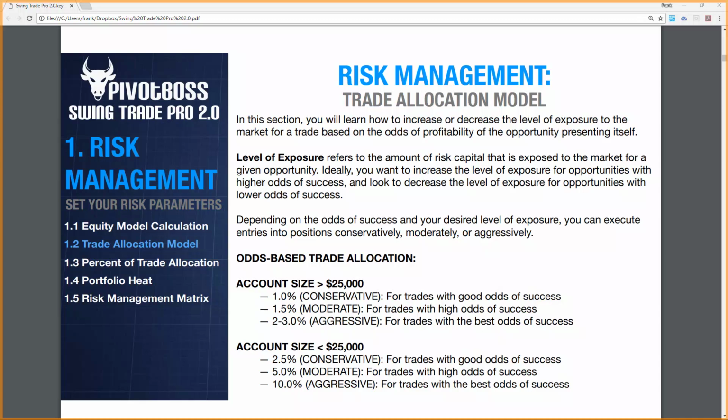So in this section you will learn how to increase or decrease the level of exposure to the market for a trade based on the odds of profitability for the opportunity presenting itself. Level of exposure refers to the amount of risk capital that is exposed to the market for a given opportunity. Ideally, you'll want to increase the level of exposure for opportunities with higher odds of success and look to decrease the level of exposure for opportunities with lower odds of success.